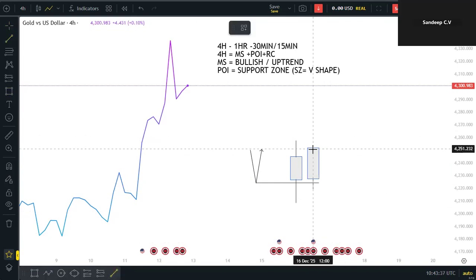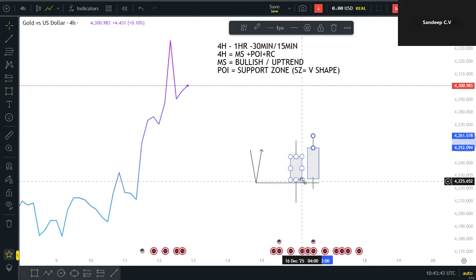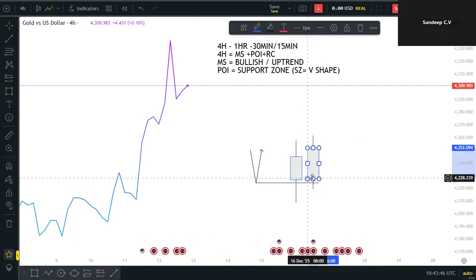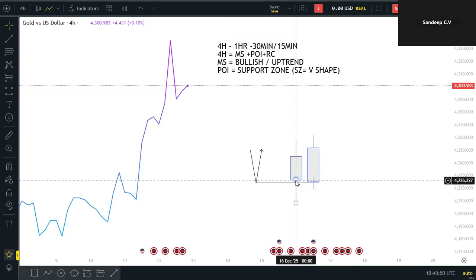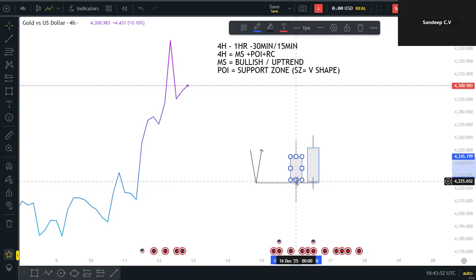Remember, you are not considering the wick. The size of the wick does not matter; it is just the type of candle you spot in that zone that we are considering in identification of our POI.